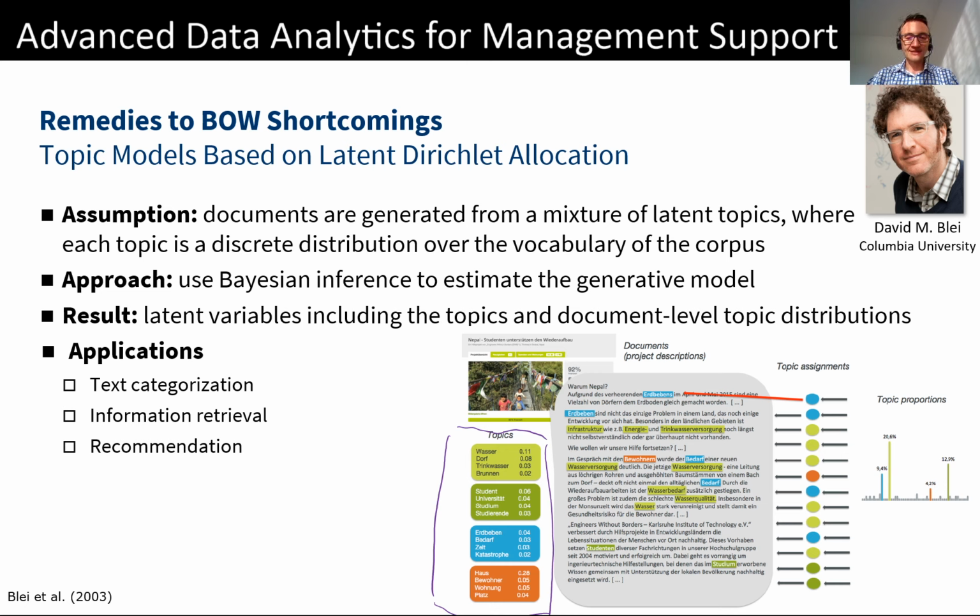So what's typically done is you look at the most prevalent words, maybe the top 10, maybe the top 20 per topic, and looking at these words that are strongly associated with the topic, you're trying to make sense of the topic, what it is about. If I'm translating the first topic here, you see the first word is water, the second word is village.